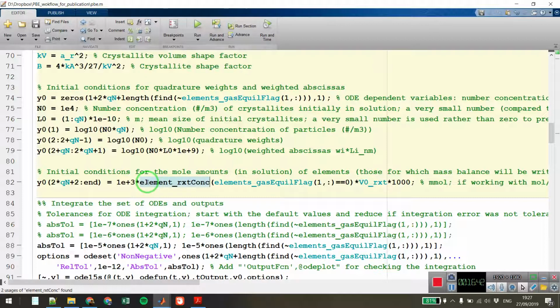If you are providing volumes, here the assumption is volumes are measured at room temperature. So let's say you are preparing a solution. The volume that you are measuring, if you're not working based on mass of solvent, then the volumes are typically measured at room temperature.